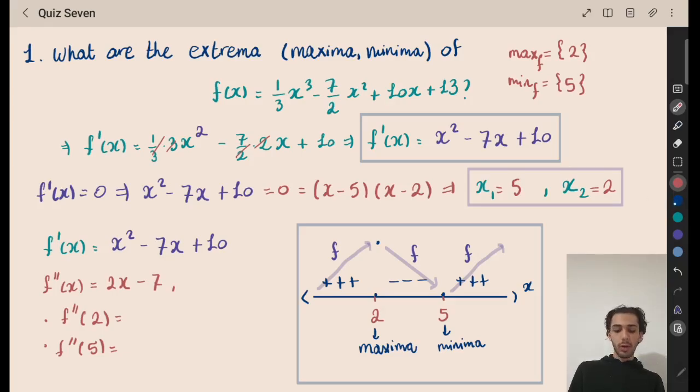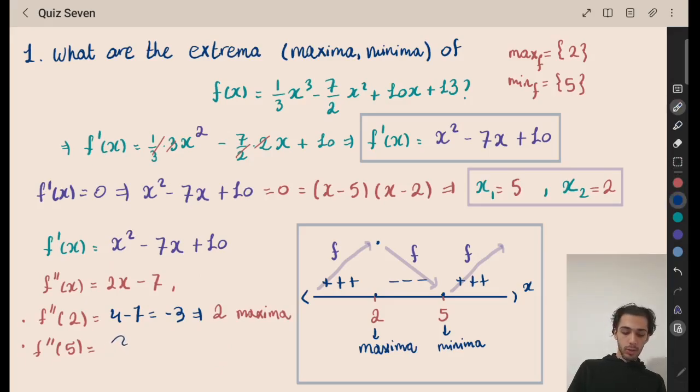Now, f double prime of 2 is 4 minus 7, so minus 3. And by our theorem, if it's negative, then it's a maxima. And similarly, you get 5 times 2, so 10, minus 7, which is 3, which is greater than 0, so it's positive.